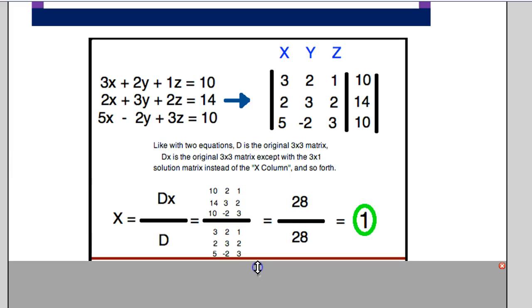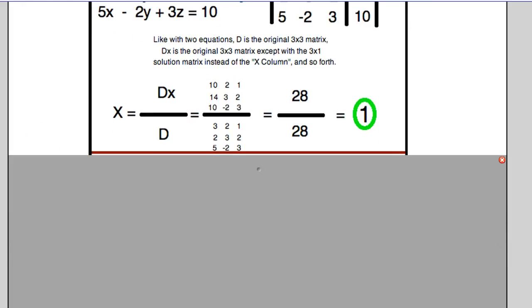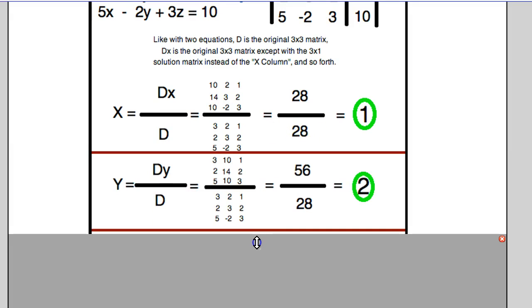So then when we replace our coefficient matrix, we're going to replace the X column with 10, 14, 10, and we get that. We find the determinant of that. And we get our solution for X to be the result of that determinant divided by the determinant of our coefficient matrix.